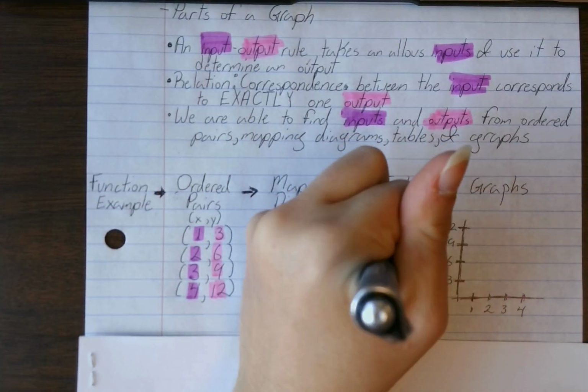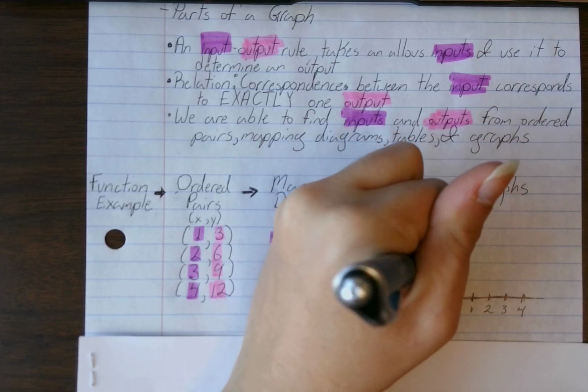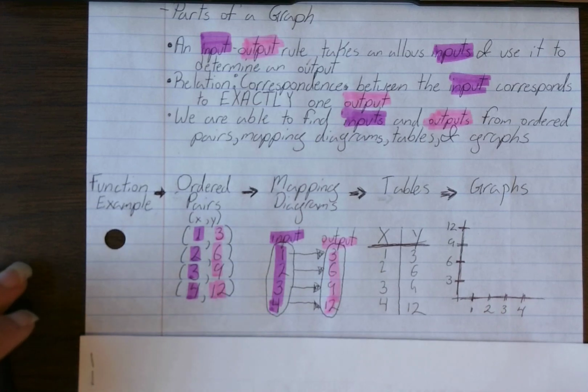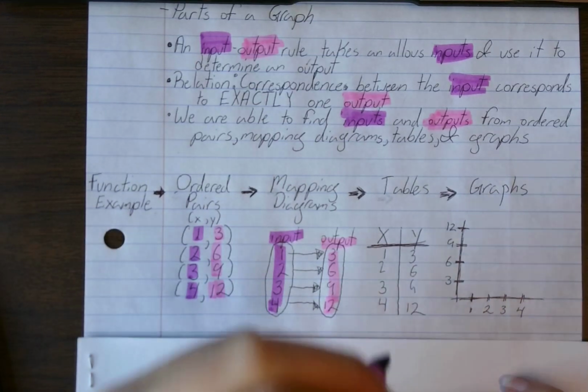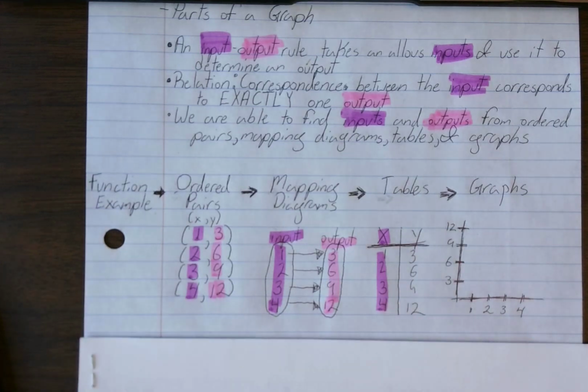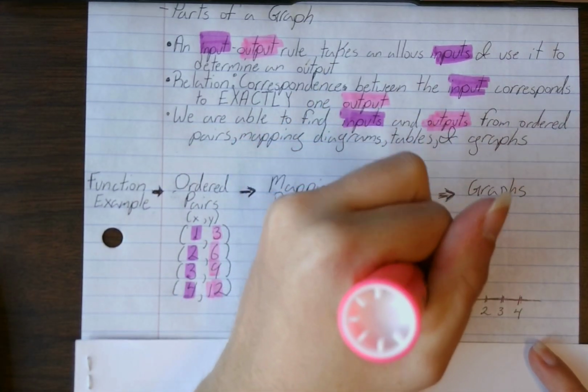So I should have 1, 2, 3, 4, and on my Y's I should have 3, 6, 9, and 12. Okay, again, I'm going to highlight because I know that my inputs are going to be my X values and my outputs are going to be my Y values.